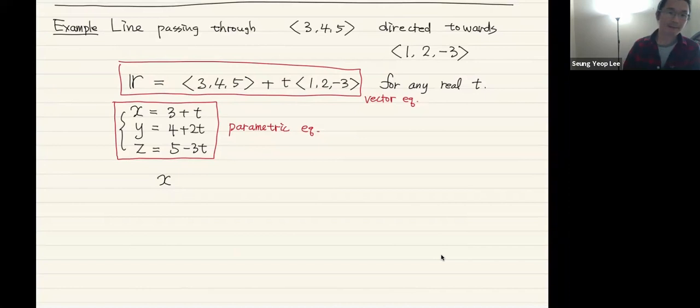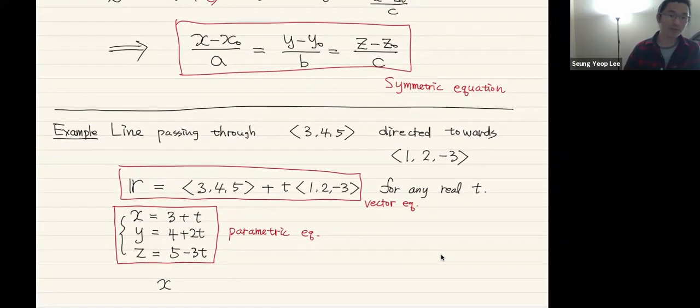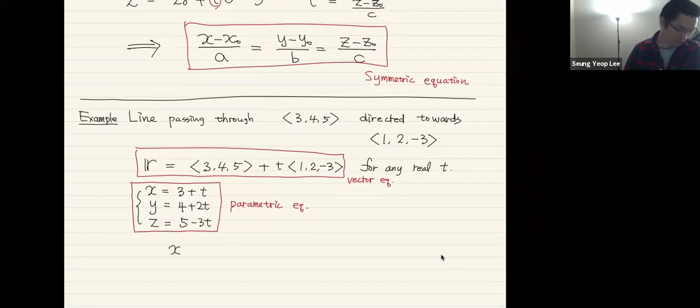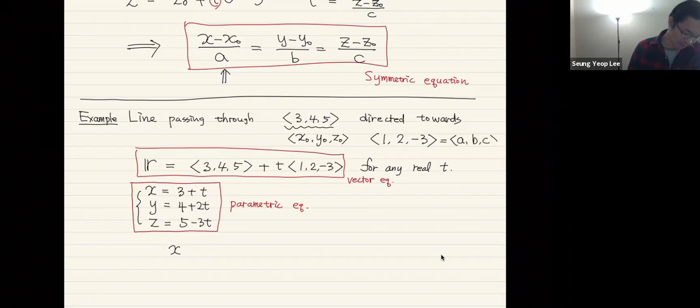Okay, let's look at the formula over here. That's a cheat sheet. So using this formula, this is exactly x naught, y naught, z naught, a single point given on the line, and that's the direction, so this is a, b, c. So we just have to use this above. So we put x minus 3 over 1.